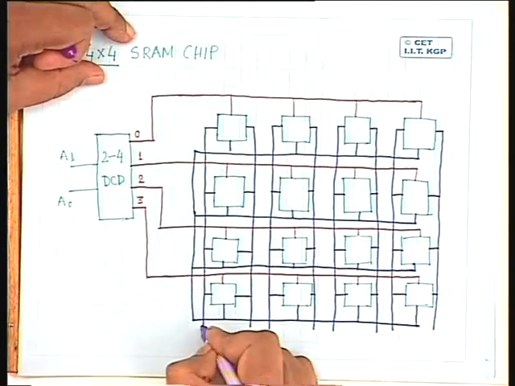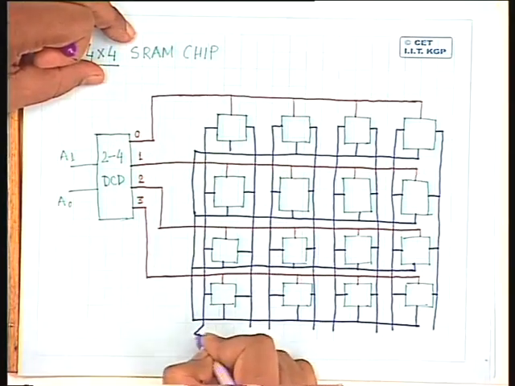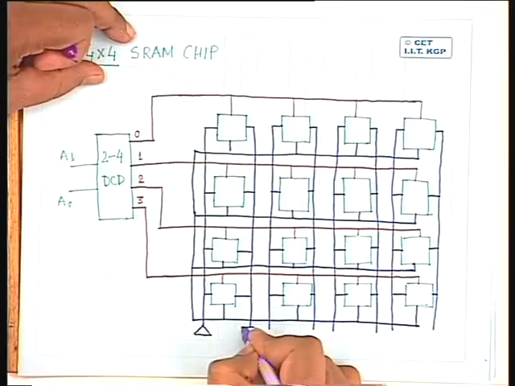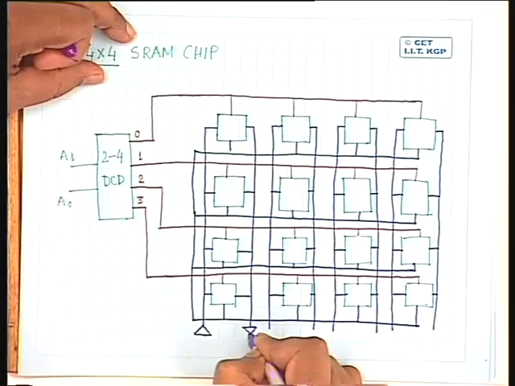These are the data in lines, so let me put a buffer in the inward direction. This is the data out line, so let us put a buffer in the outward direction.